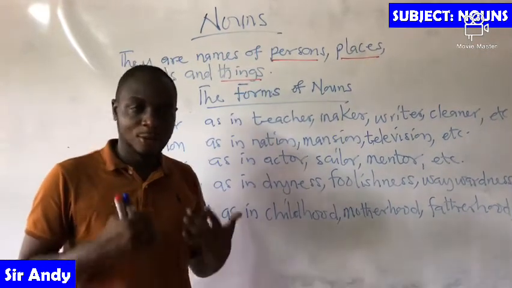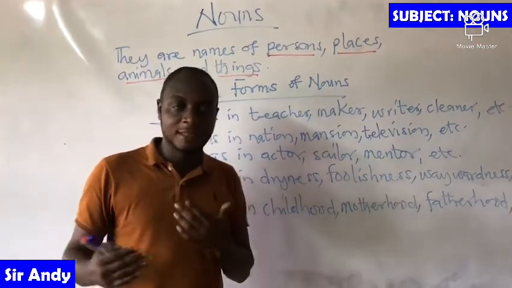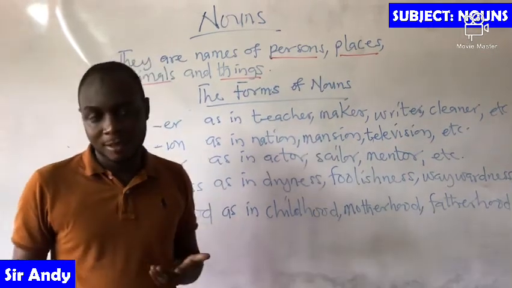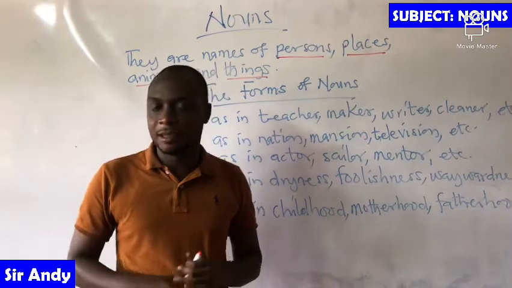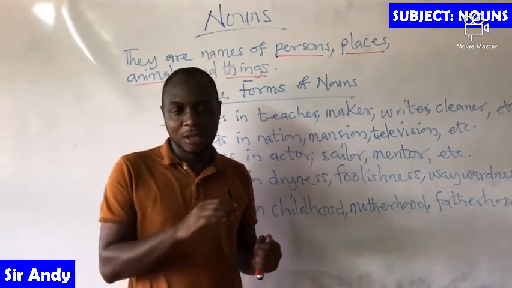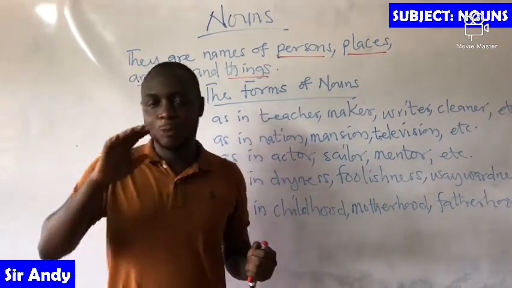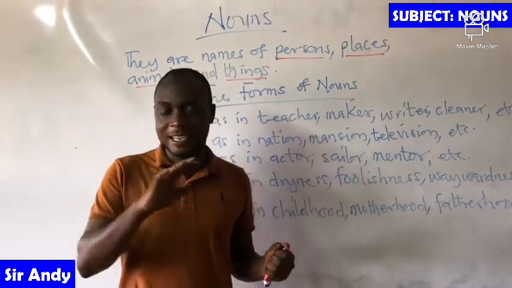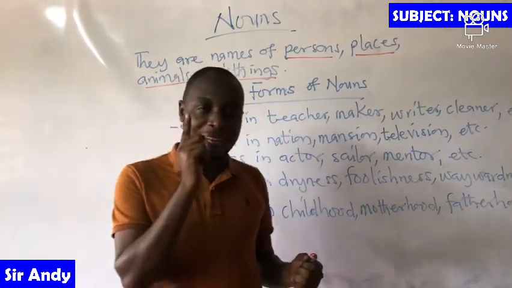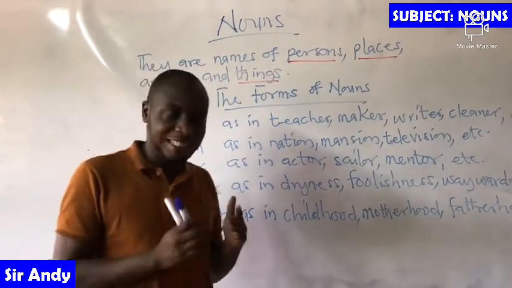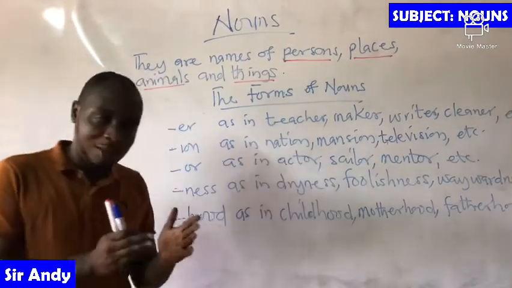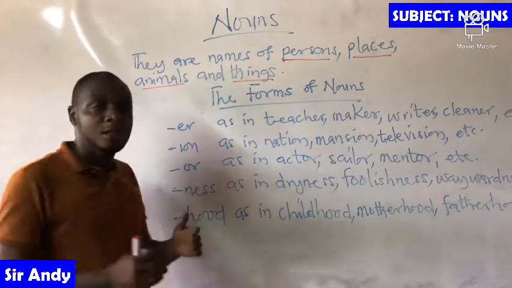So words ending with ION, with the shun sound, are regarded as nouns too. So if you see such a word in a group of words or in a sentence, you should be able to identify that this is a noun, because of how it is formed, or because it ends with this particular suffix.